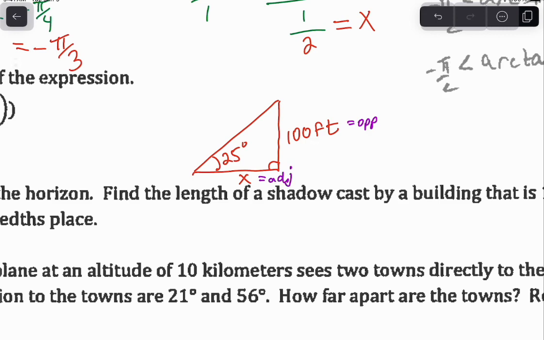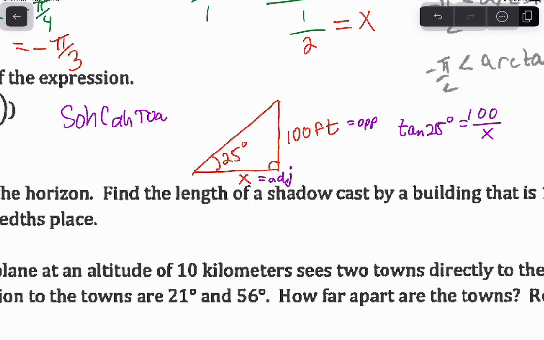So then you ask yourself from SOHCAHTOA, what uses opposite and adjacent? Well, that's our tangent, so let's set that up. I know that the tangent of 25 is opposite over adjacent. Now, whatever ends up in our denominator on the right side, on that fractional side, whatever ends up in our denominator cross multiplies over.